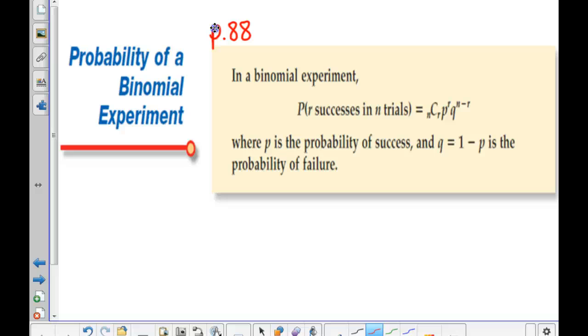All right, it says R is the number of successes in N trials. Your calculator is going to use X here in a minute, but N is the number of trials, the number of times you repeat the experiment. You want 3 out of 5 of something. R is the number of successes you want.